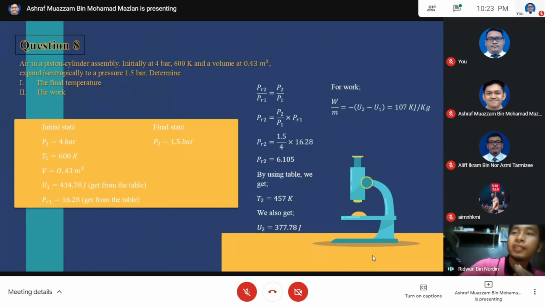After that, we can calculate work from the temperature and the final energy. The formula for the work is W per m equal to negative final energy minus first energy, and we will get 107 kilojoule per kilogram. Next.